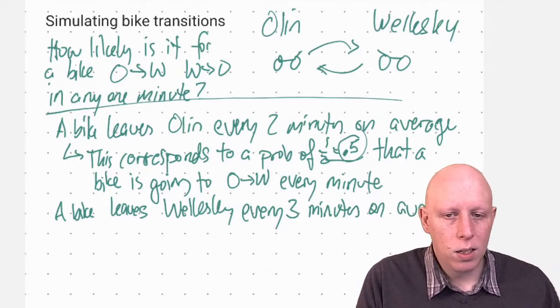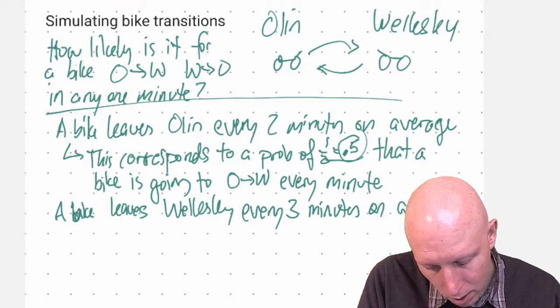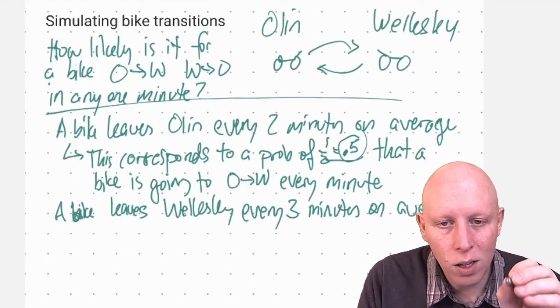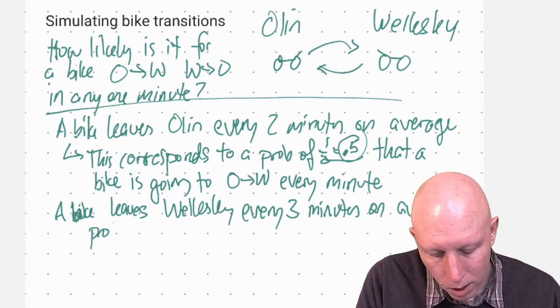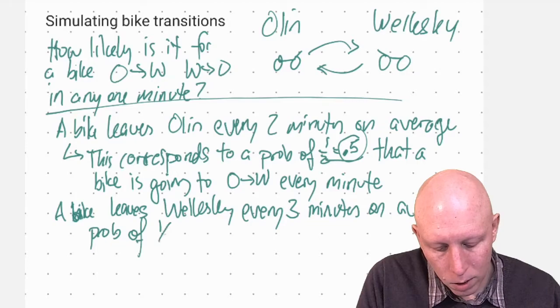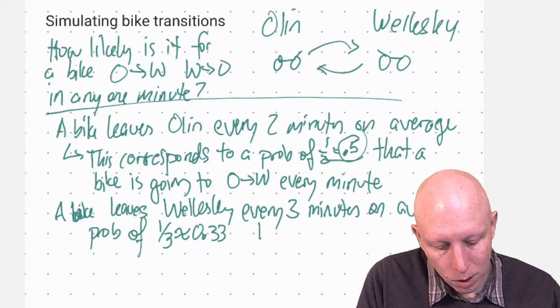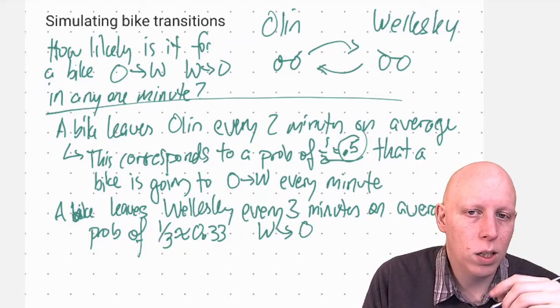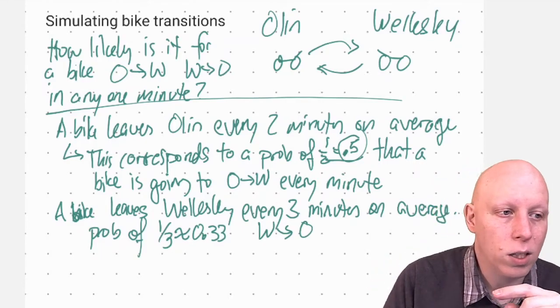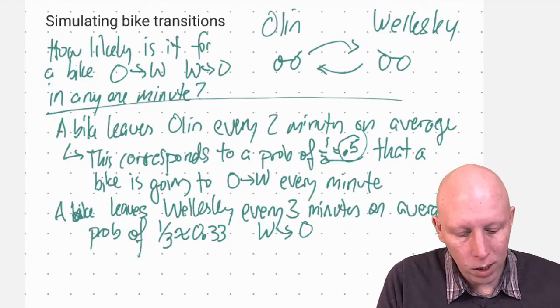If we make that assumption, then this corresponds to a probability of 1/3, which we can approximate by 0.33, that a bike goes from Wellesley to Olin. So we're going to use those as our underlying assumptions for how likely it is that a bike goes from one to the other.